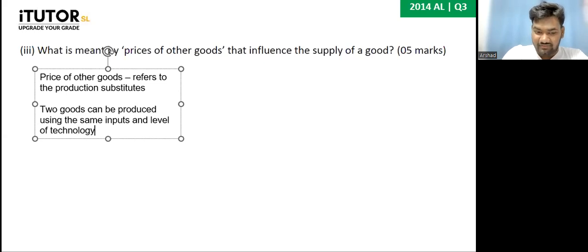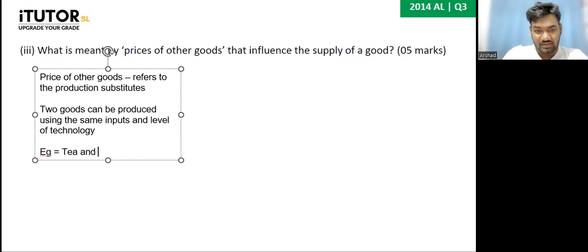Yes, can you tell me, if I give an example as tea and coffee, is it correct or wrong? I'm saying production substitutes are other goods that can be produced using the same level of inputs and level of technology. Tea and coffee, is it correct or wrong?